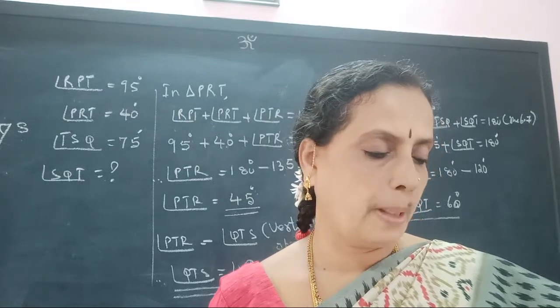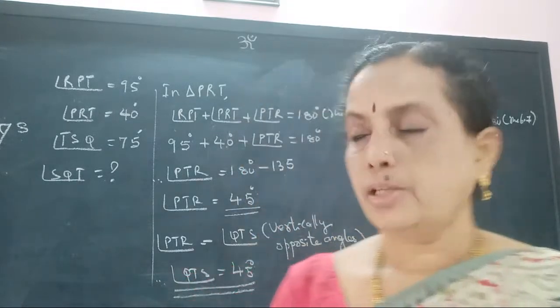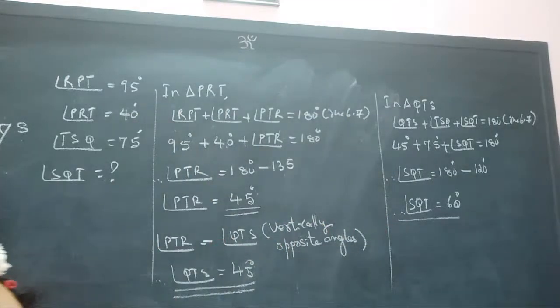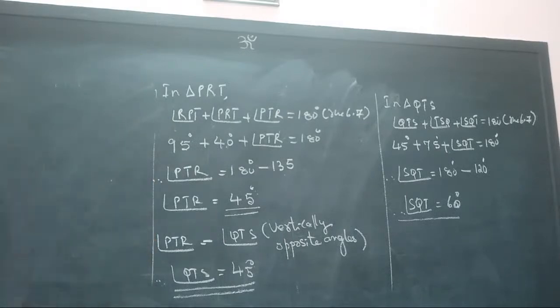Question number 4. Take the question, question number 4 figure. In the figure, the sides have been produced like this, so that it forms an exterior angle. Get the figure properly. It is 135 given here and it is 110 degree.